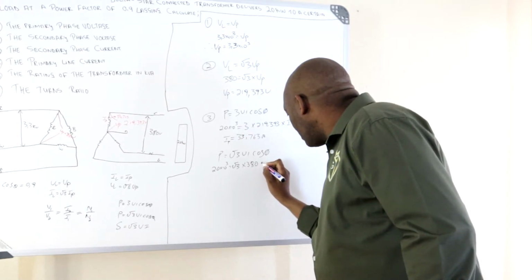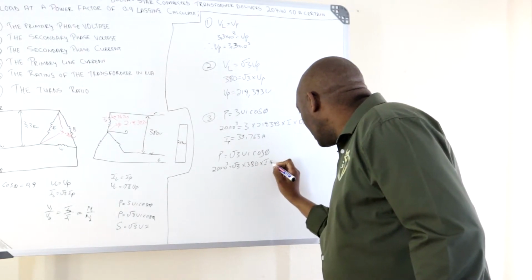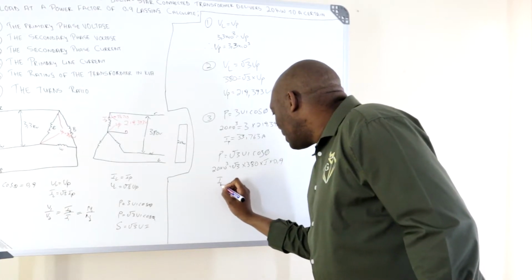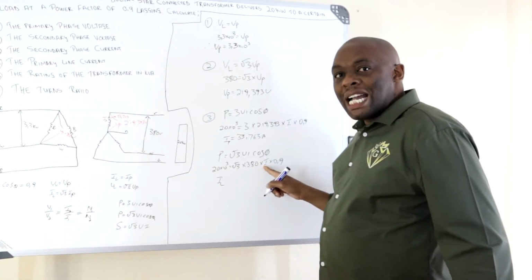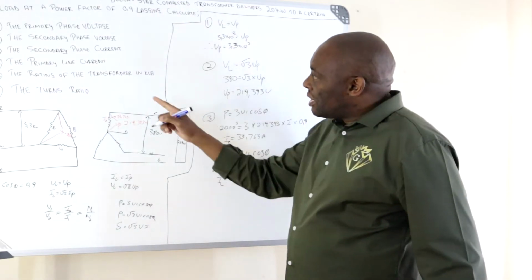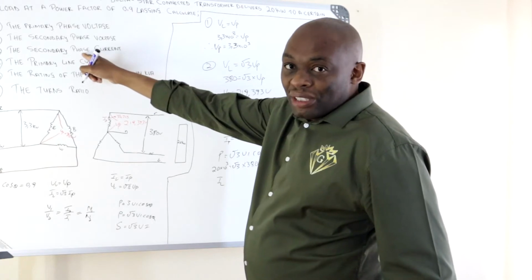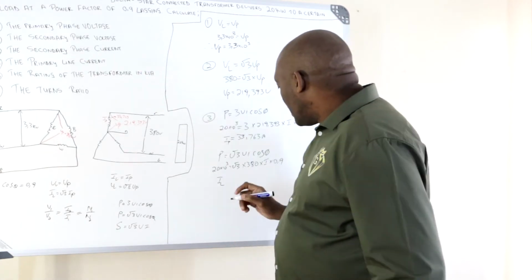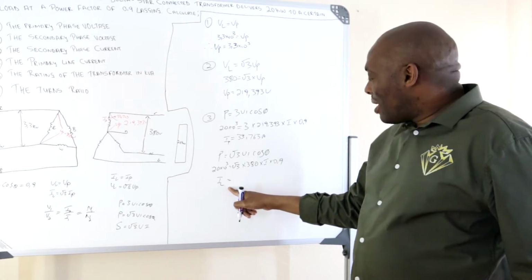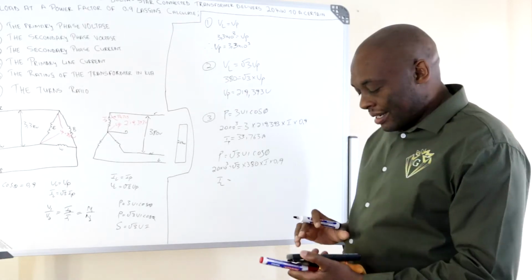We are looking for the current, multiplied by 0.9. Let's see what is the value of I line. Remember, these are line quantities, and the question is looking for phase quantities. Please remember that. Therefore, let's calculate the value of our line current.